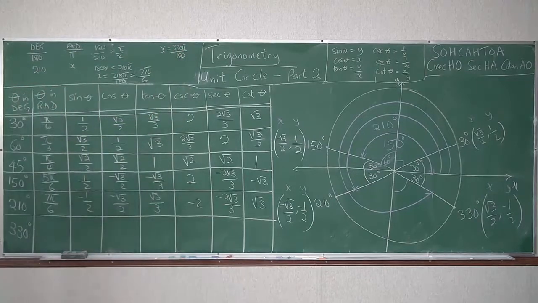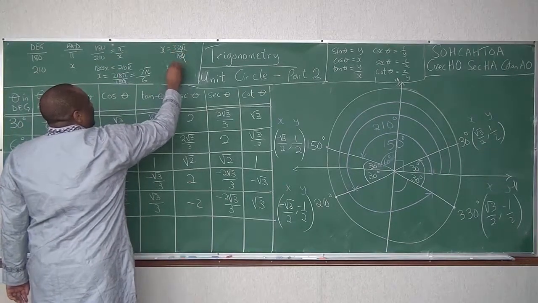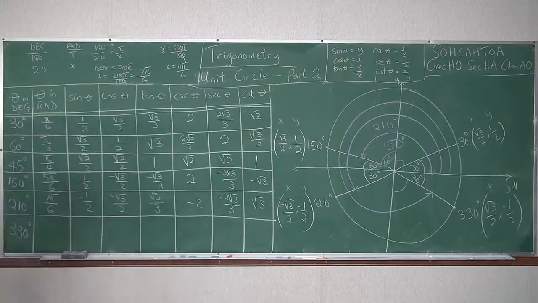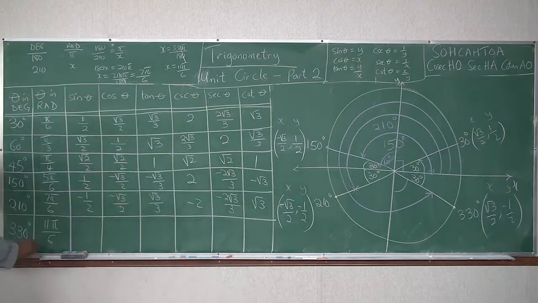This goes here, and this will be 11 pi over 6. Sine 330 is y, which is negative 1 over 2.